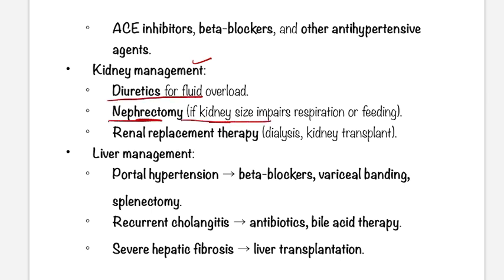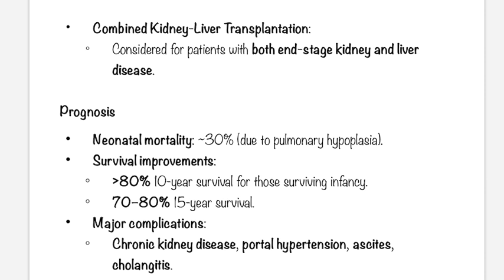If kidney size impairs respiration or feeding. Renal replacement therapy can be done. Liver management is for portal hypertension, recurrent cholangitis, and severe hepatic fibrosis. For severe hepatic fibrosis, you have to do liver transplantation. For other problems, you have to do variceal banding, antibiotics, and bile acid therapy. Combined liver kidney transplantation is considered for patients with both end-stage kidney and liver disease.